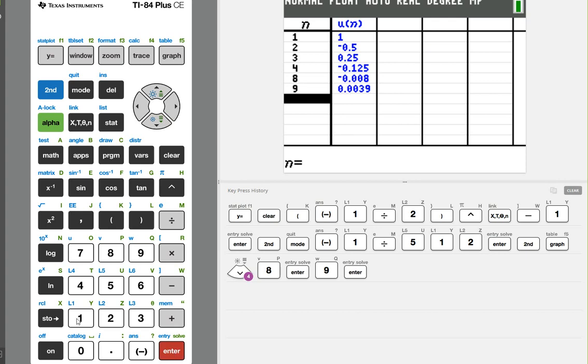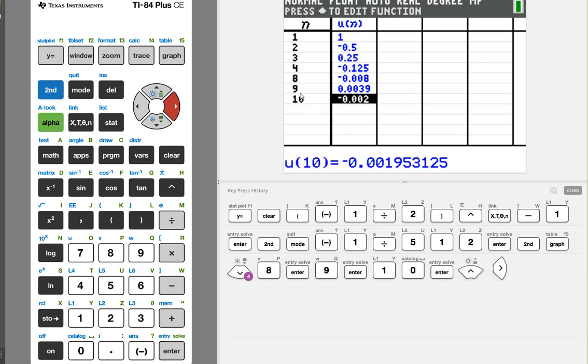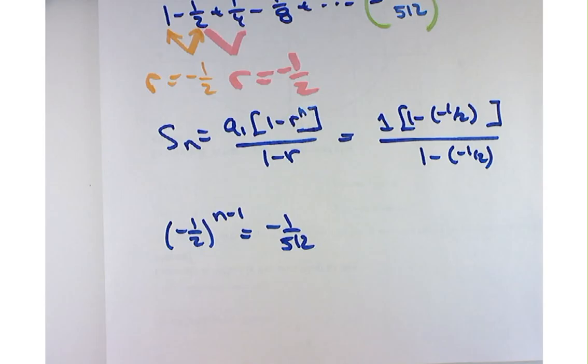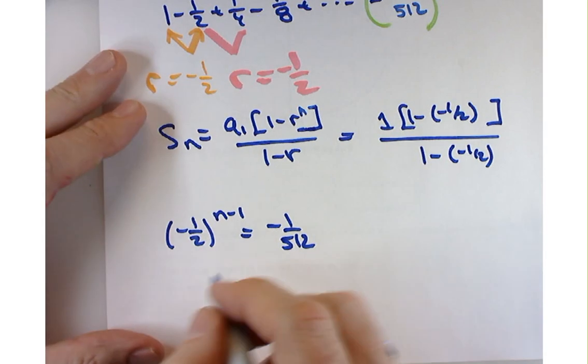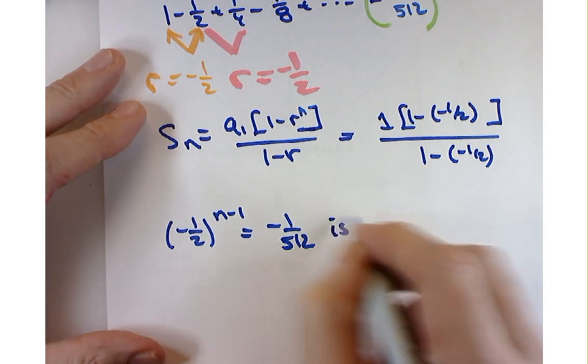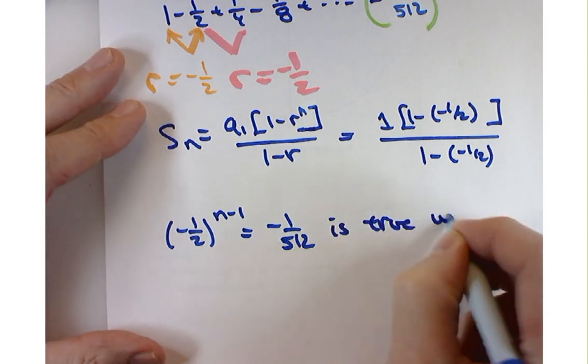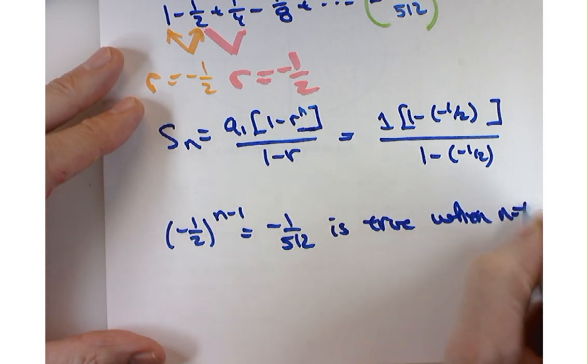Nope, not there. 10. Well, wait a minute. Looking close. If you zoom over onto that number, you'll see it's exactly what we needed. So n equals 10 is where we're at here. So this is true when n equals 10.